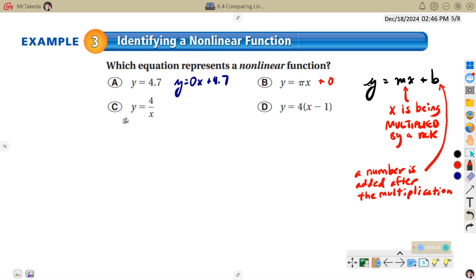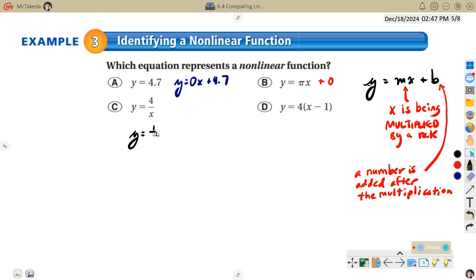For c, y equals 4 divided by x. Well, remember we said that x is being multiplied by something. In this case, it's 4 being divided by x. Another way you might think of this problem, dividing is the same thing as multiplying by the reciprocal.